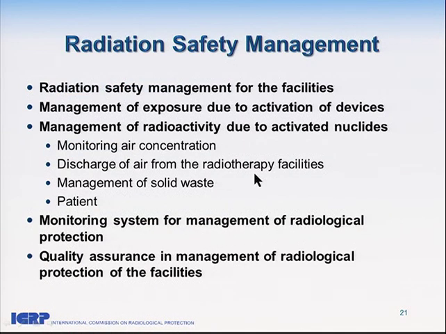And we need a radiation safety management system. I'll quickly go through this part: the facilities are important, and activation of devices we have to control, and activation of the nuclide is important. And we need a monitoring system for management of radiological protection, and quality assurance in management of radiological protection of facilities.